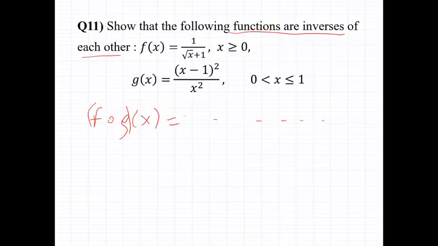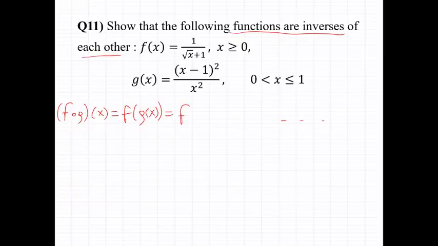Now, let's do it. The f of x will take some space, so I will try to write it smaller. This is f of g of x, so g of x is this one here.